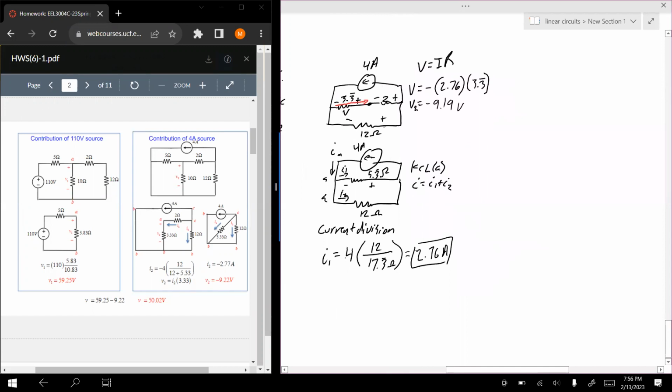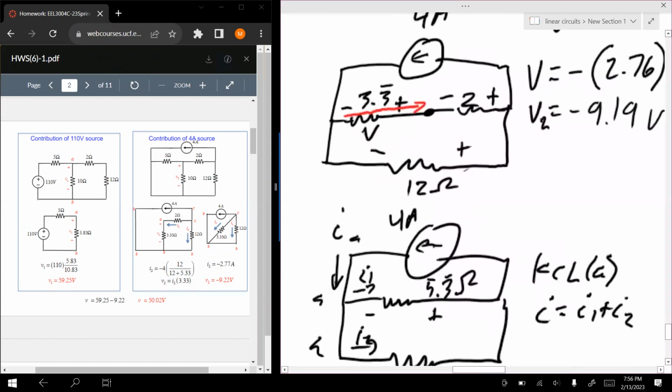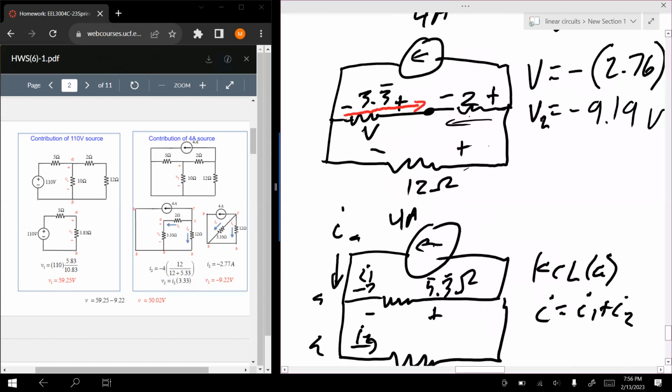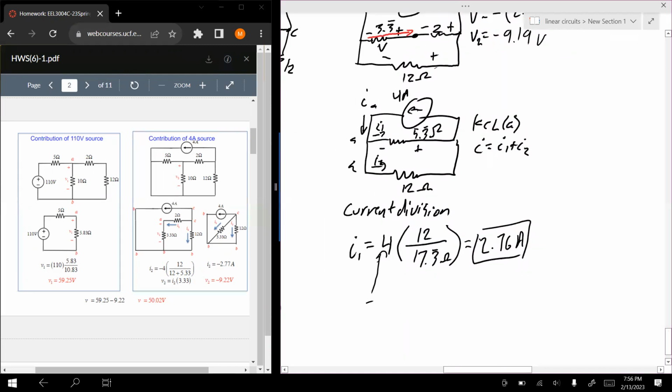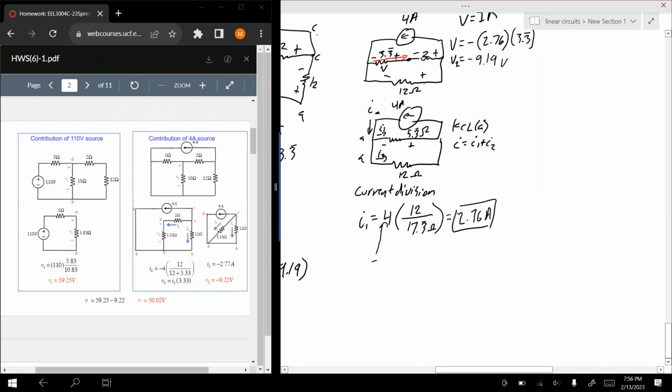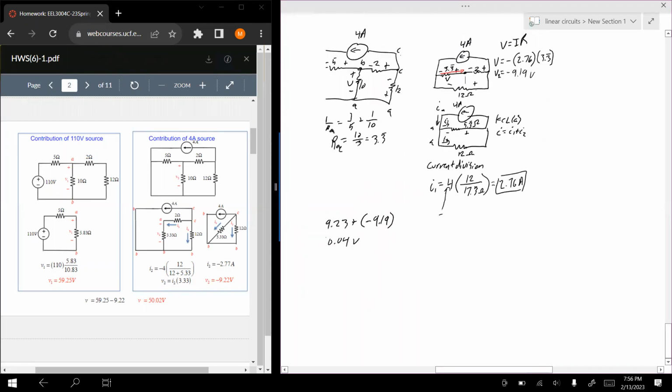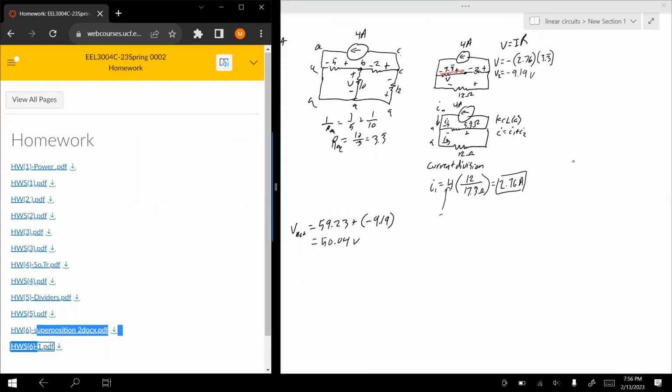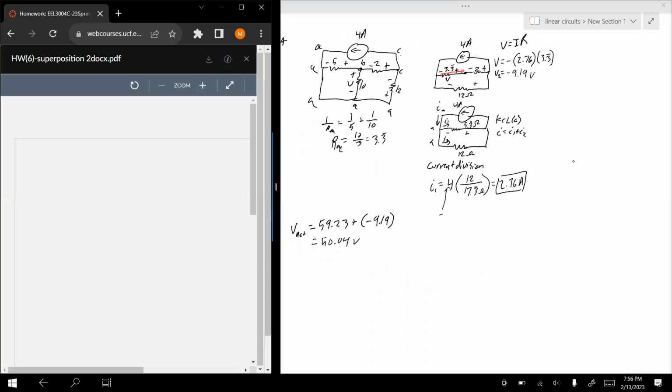So they started it way earlier and put the negative right in there, which kind of makes sense, because if we're thinking of this as positive meaning our current is flowing this way, the directionality of the independent current source is opposite to that, which means it's acting in a negative fashion. Either way, you get the same answer. As long as you stay consistent with your signs, you'll be good. You'll be set.